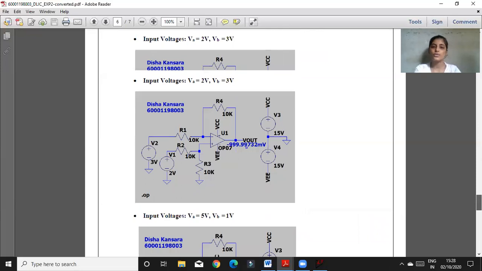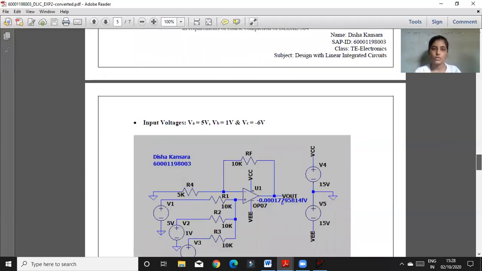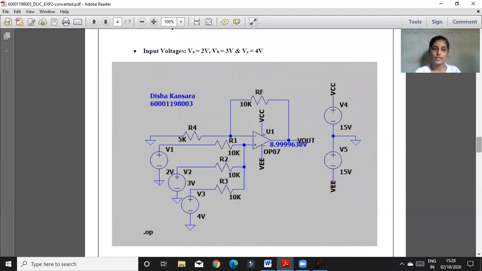So now I'm going to explain the linear equation calculation. I already made this circuit.